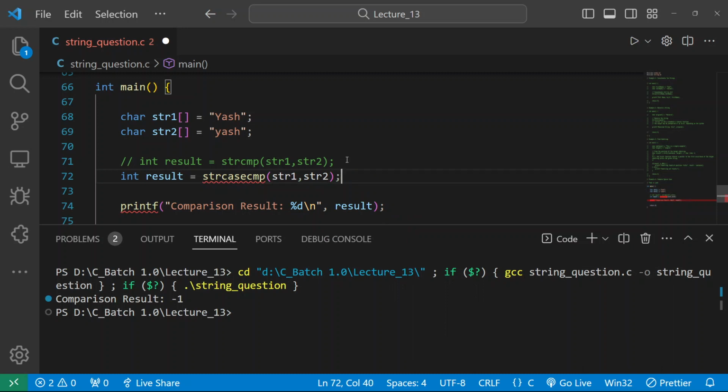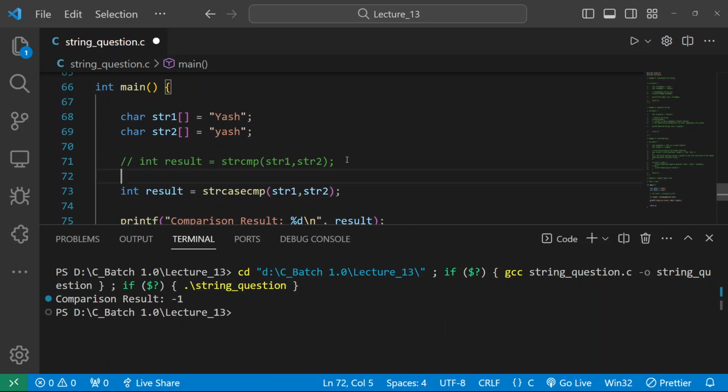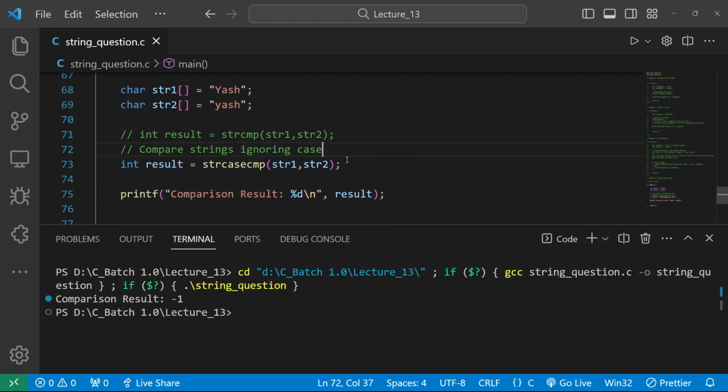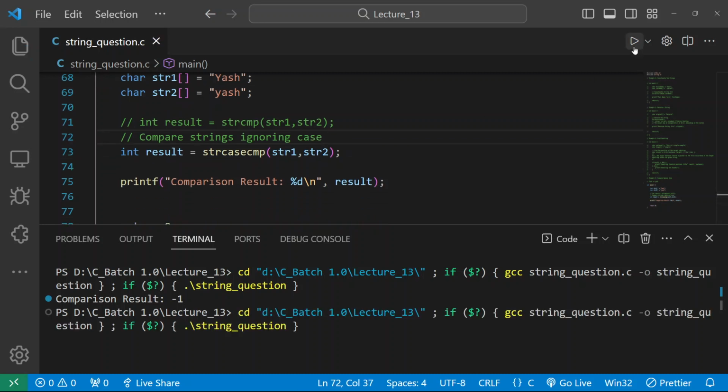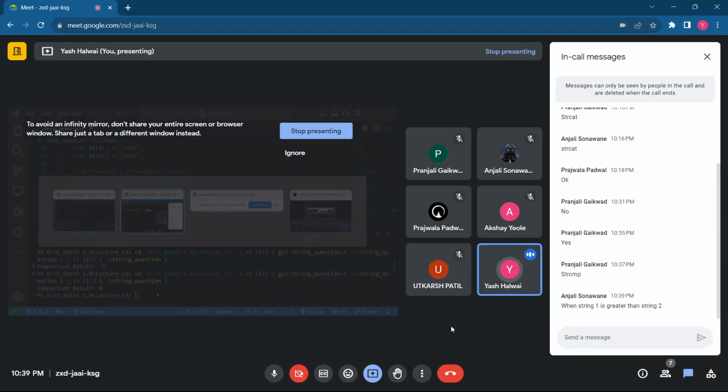It compares strings, ignoring the case, whether uppercase or lowercase. And see the output now. Do I get output 0 now? Yes or no? Yes. So this was the concept behind this.